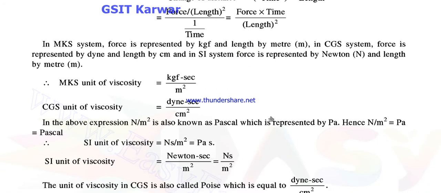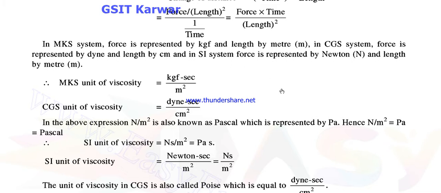In MK system, force is represented by kgf, that means kilogram force, and length by meter. In CGS system, force is represented by dyne and length is by centimeter, and in SI system force is represented by Newton. Okay, you should remember, commonly in academic we use SI system.